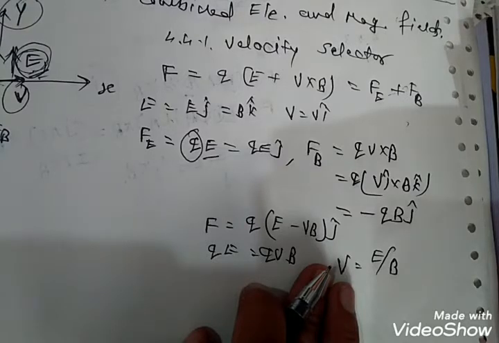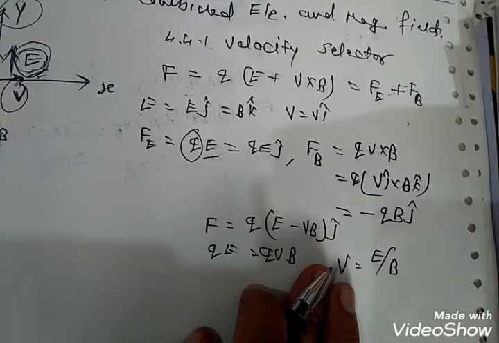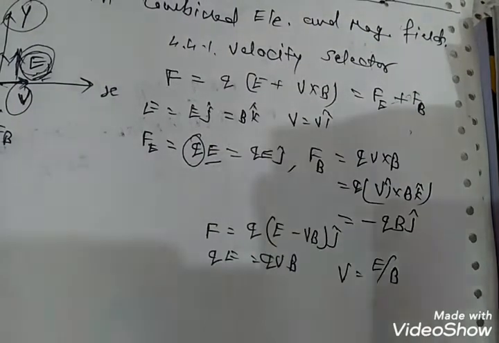The crossed electric and magnetic fields therefore serve as a velocity selector: only particles with speed E upon B pass undeflected through the region of the crossed fields. This method was employed by J.J. Thomson.